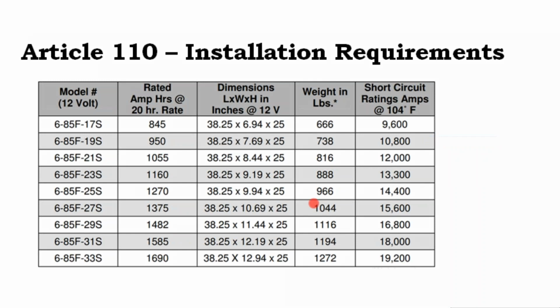So how large are these batteries? We used this battery for an off-grid project where we had 8 of them. And they're 38 inches long, 10 inches wide, 25 inches tall. And these particular batteries weighed 1,000 pounds each.